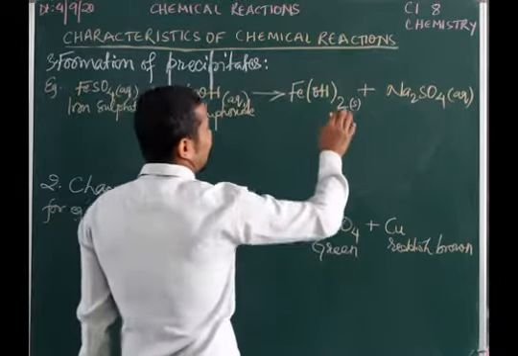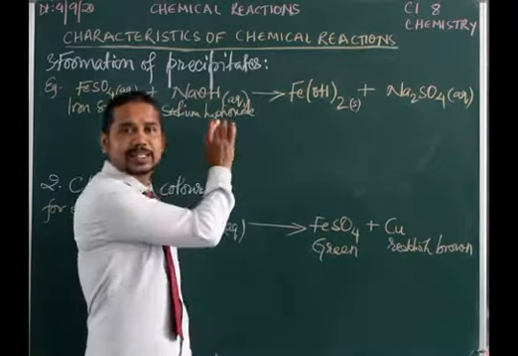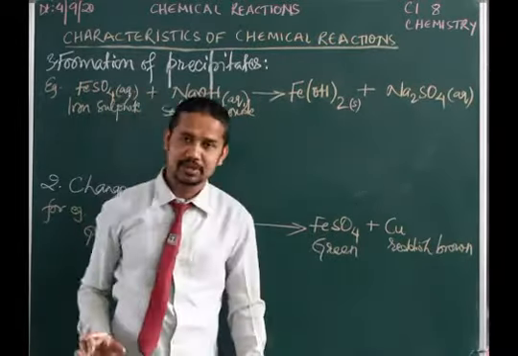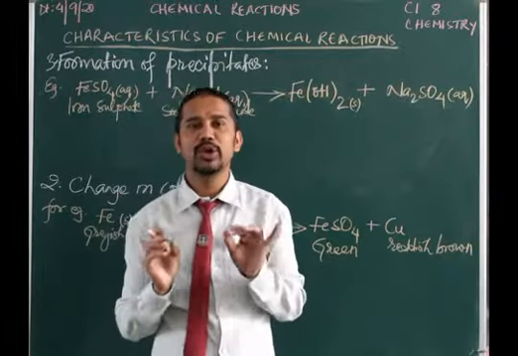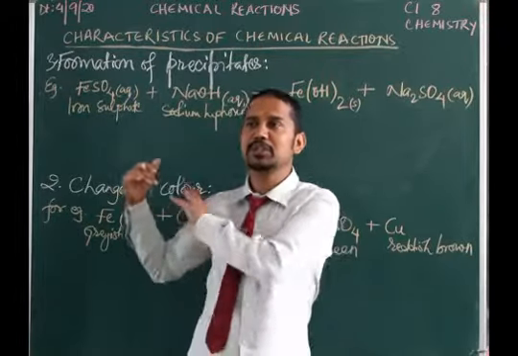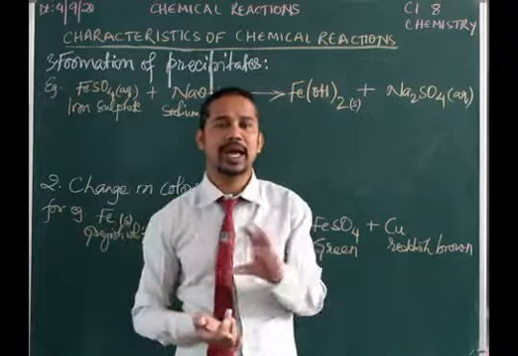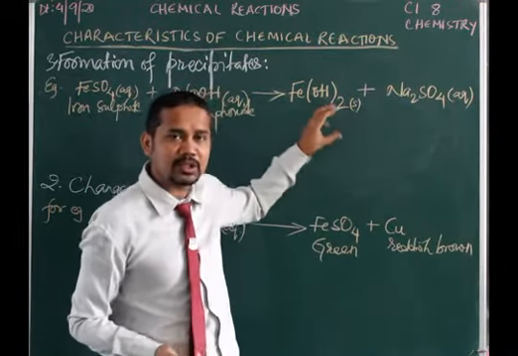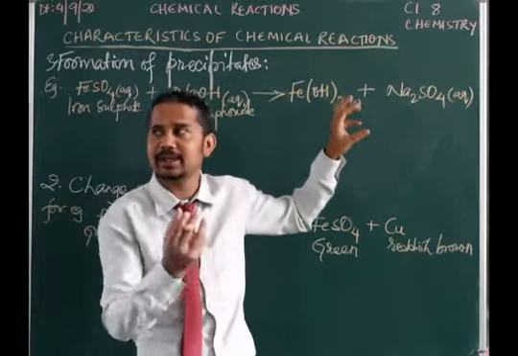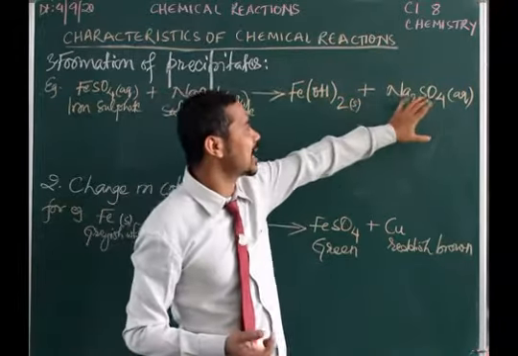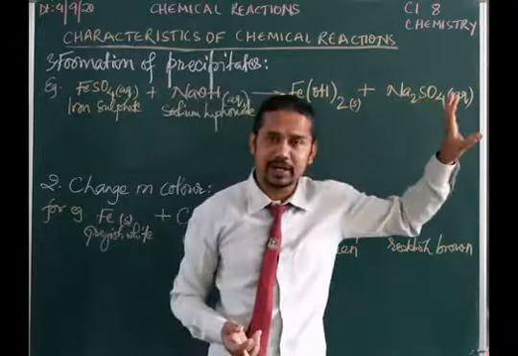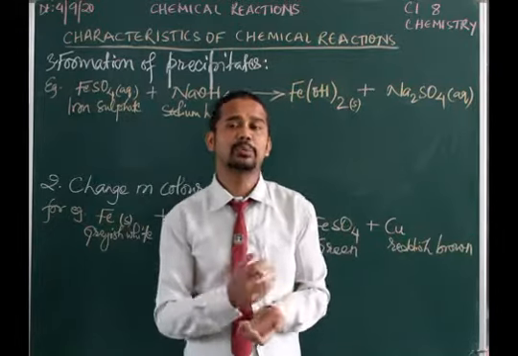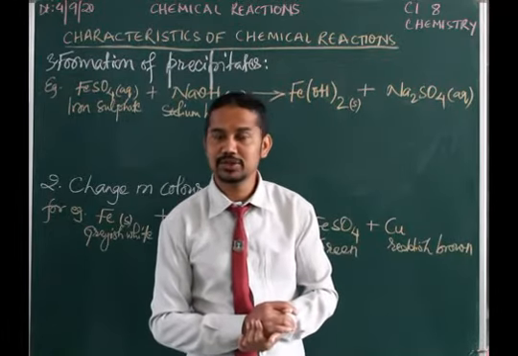So the reaction that is taking place is this. But what we observe is that out of these two solutions, I am getting one solid substance which is insoluble and will be settling at the bottom, and another is sodium sulfate, which is dissolved in water, which I will not be seeing.